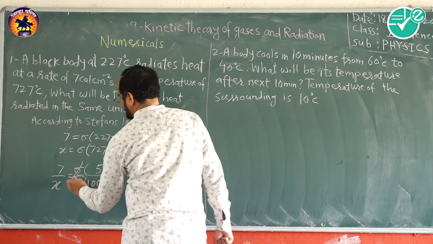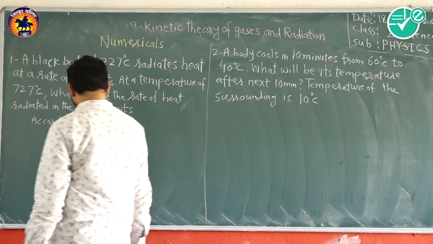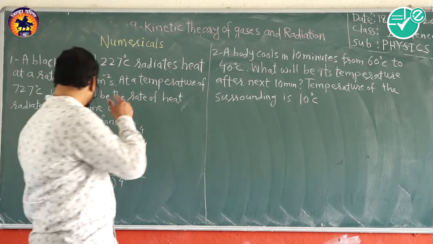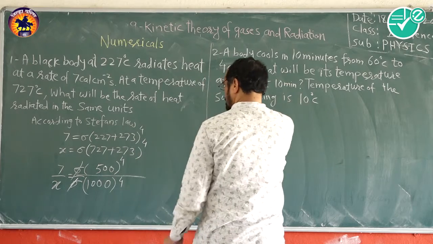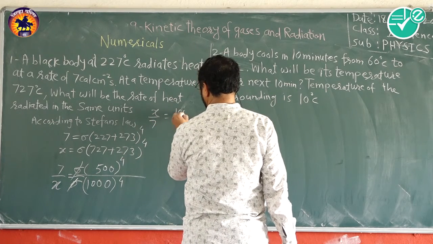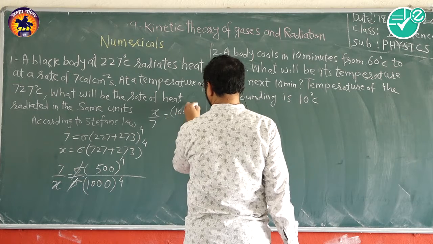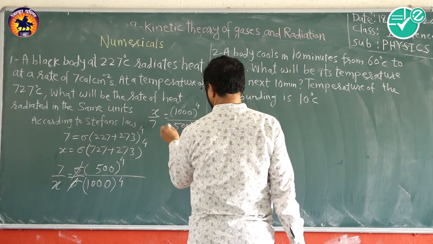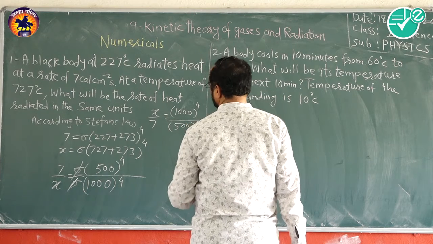Sigma and sigma get cancelled, and we take the fourth power of 500 upon 1000. So we can also write this equation as x upon 7 is equal to (1000 upon 500) to the power 4.